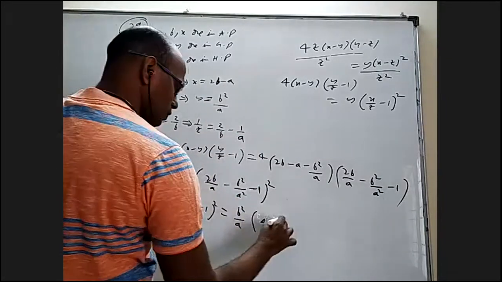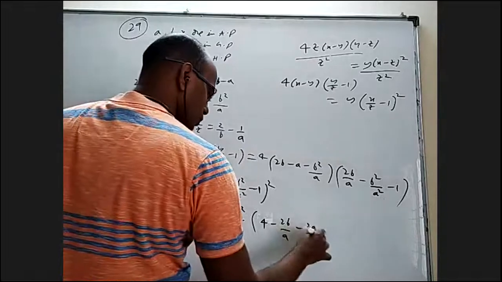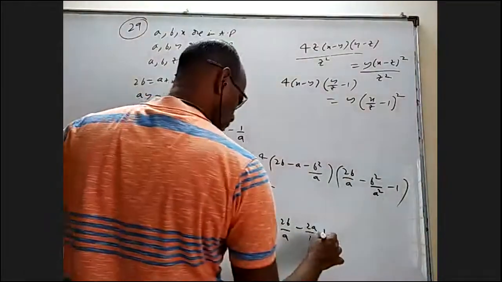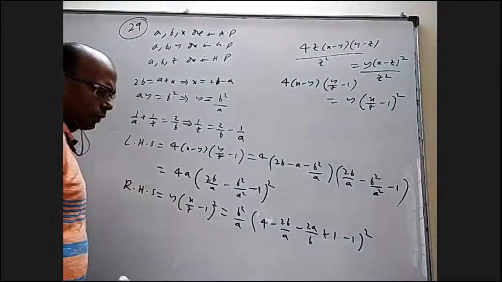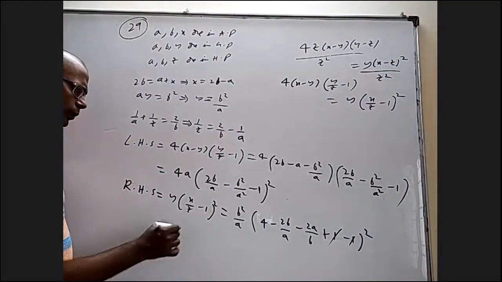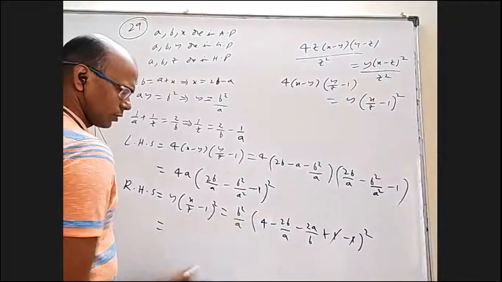This into this is minus 2b by a. This into this is minus 2a by b. And this into this is plus 1. And there is a minus 1. This plus 1 and this minus 1 will cancel. And we wanted to take a inside. Okay.